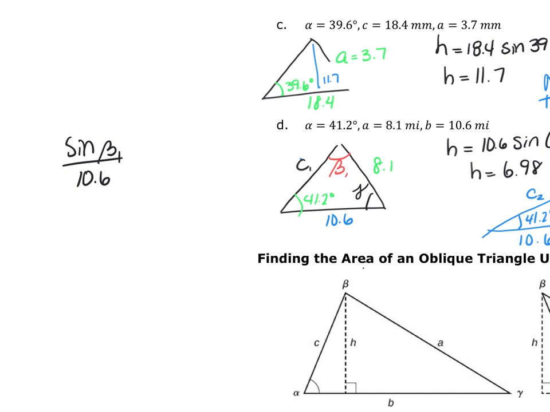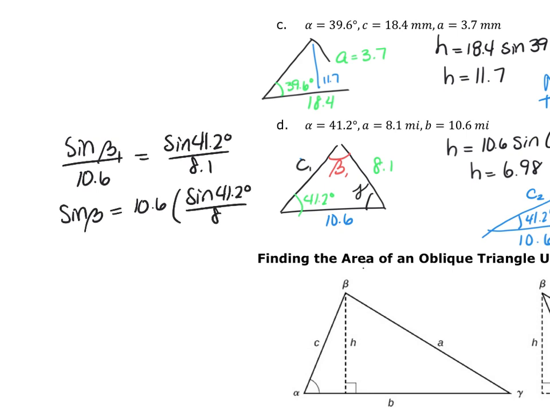This is beta sub 1. This is my first triangle. And this is going to be equal to the sine of 41.2 degrees divided by my A, which happens to be 8.1.